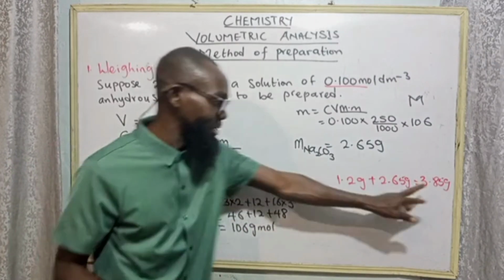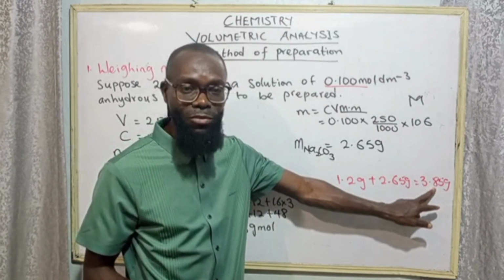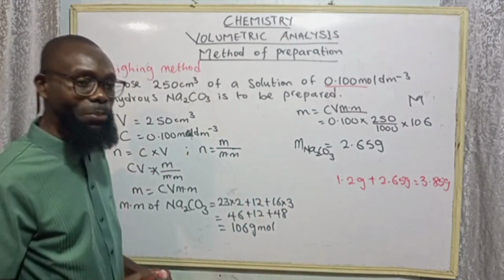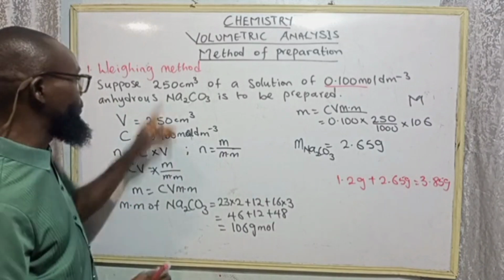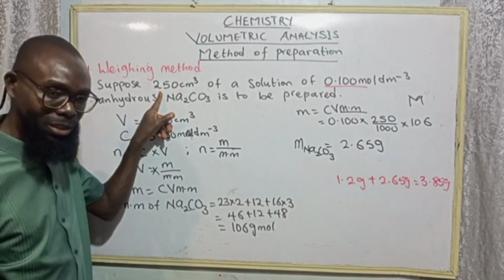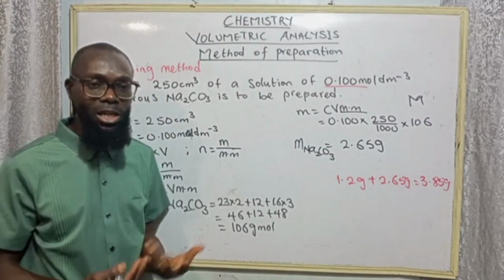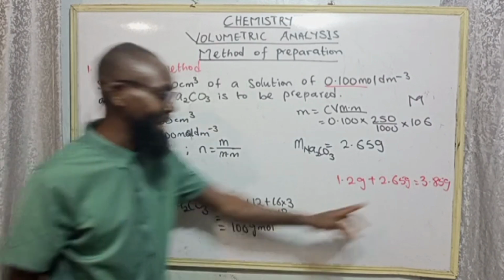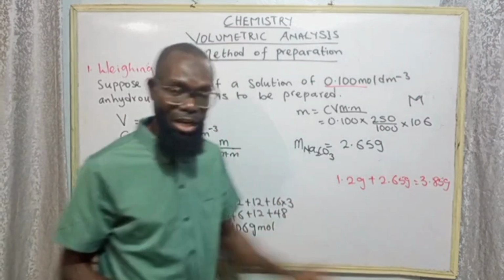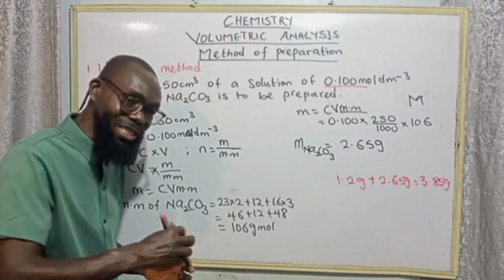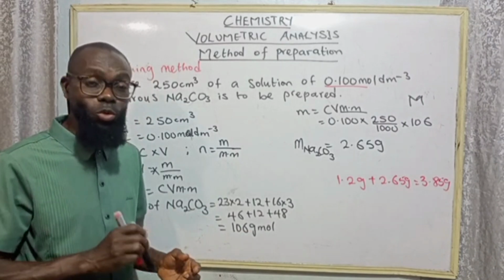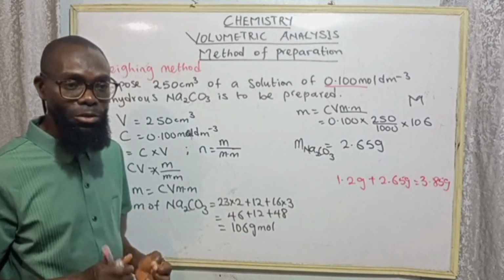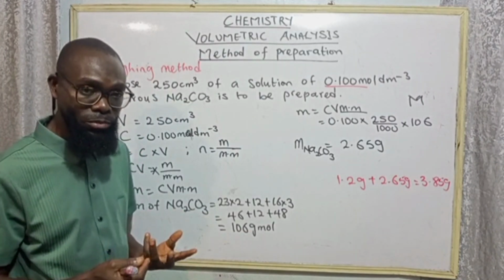So when we now obtain our weight, what is the next step? We pour this sodium trioxocarbonate(IV), 3.85 gram, into a beaker containing 250 centimeter cube of water. That is, we have a beaker containing 250 centimeter cube of water. We add 3.85 grams of that salt. Then we stir very well to dissolve. And sometimes you have to warm it in order to dissolve.